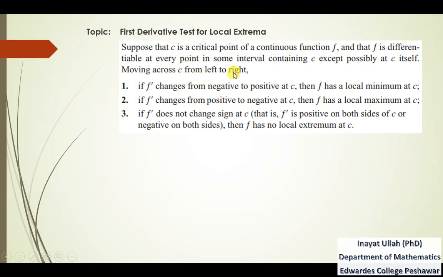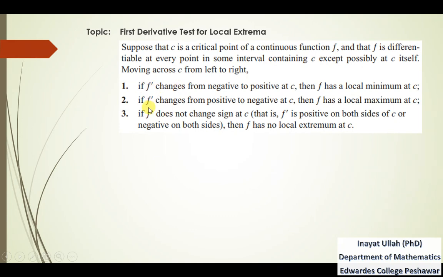Now this statement is very important: moving across c from left to right, we will be taking values from left to right of c and put those values in the obtained derivative of the function.